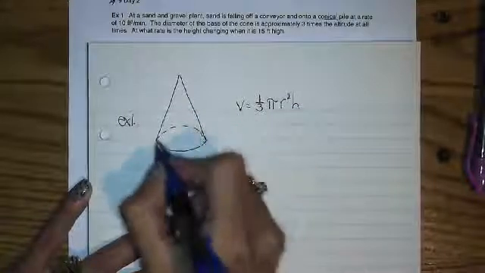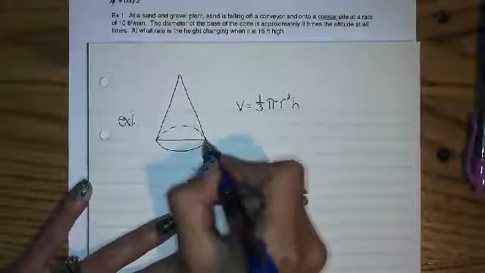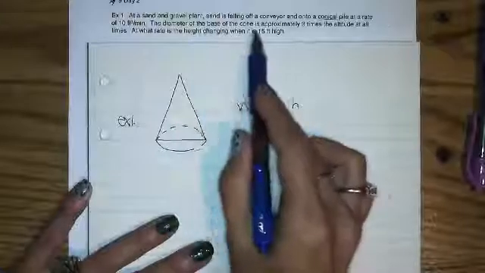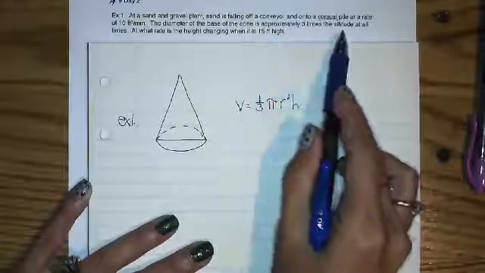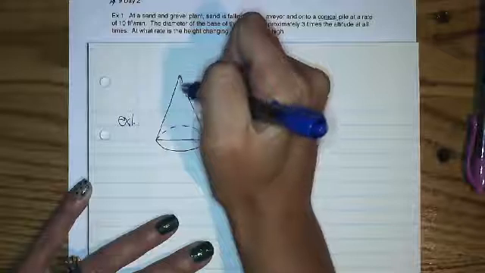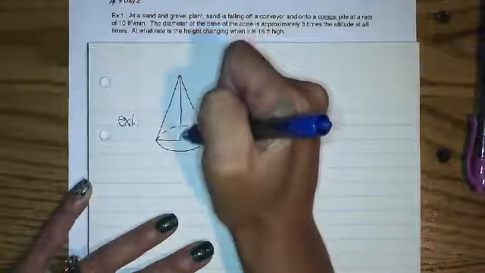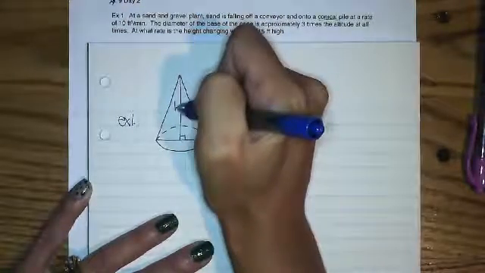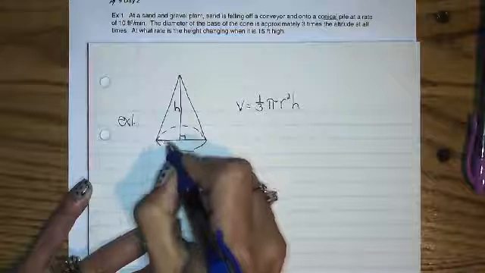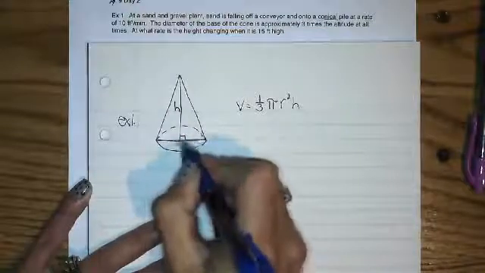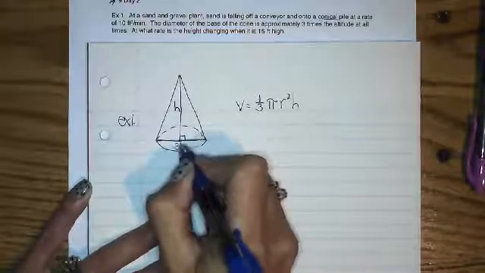So it says the diameter of the base is approximately 3 times the altitude at all times. So the altitude, remember, is just another word for height. So if I call the height h, that means the diameter can be written 3h.